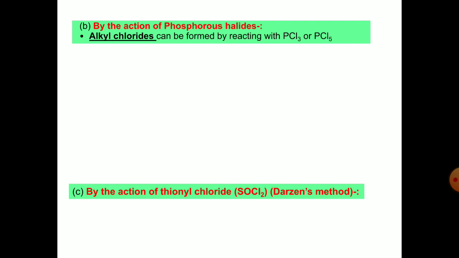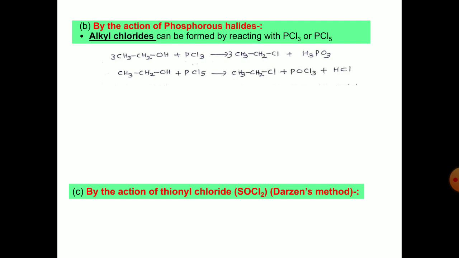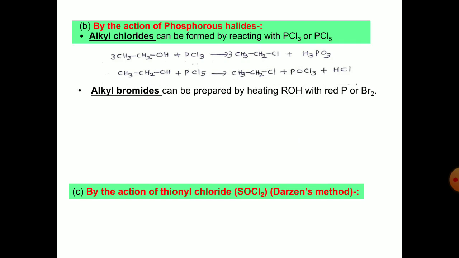Then by the action of phosphorus halides, alkyl chlorides can be formed by reacting PCl3 or PCl5 with alcohol. You see, CH3CH2OH plus PCl3 gives CH3CH2Cl plus H3PO3, or ethyl alcohol plus PCl5 gives rise to ethyl chloride plus POCl3 plus HCl. Alkyl bromides can be prepared by heating alcohol with red phosphorus and bromine.